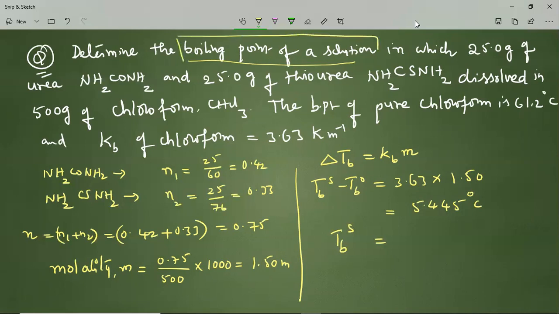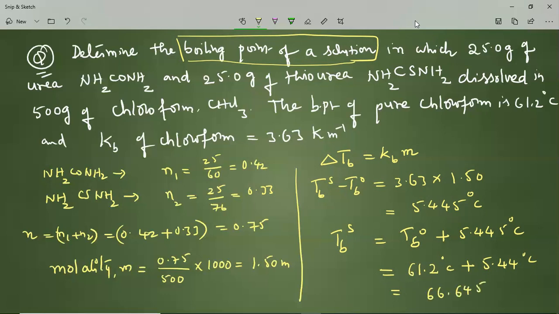So the boiling point of solution Tbs is equal to Tb naught plus 5.445 degrees Celsius. The Tb naught value given in the question is 61.2 degrees Celsius. I am adding this to 5.445 degrees Celsius. Finally, I got 66.645 degrees Celsius. So this is the answer for this question.